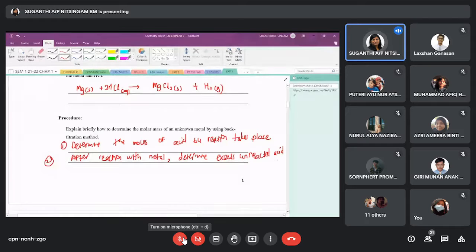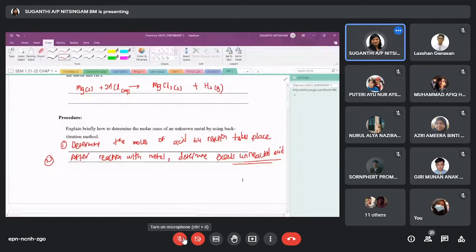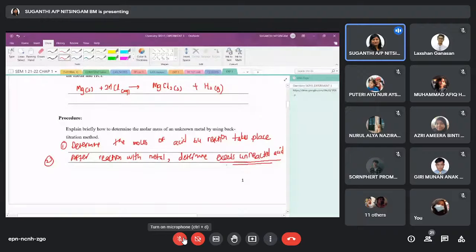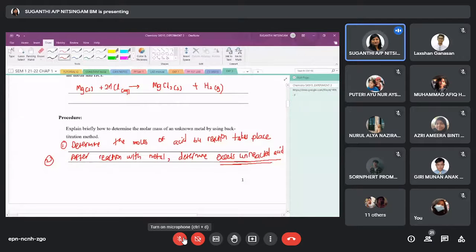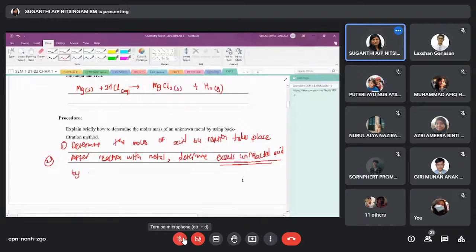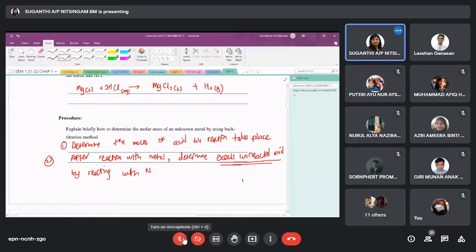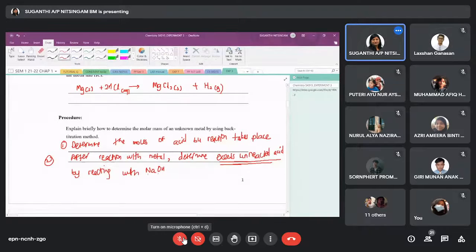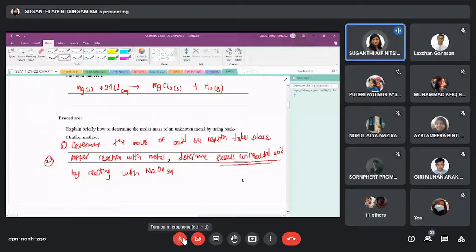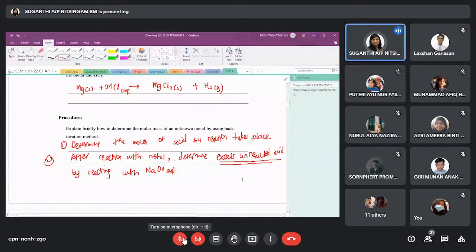How can we determine the excess unreacted? The excess unreacted can only be determined by reacting it with NaOH. When we react with NaOH, only then can we find the excess.